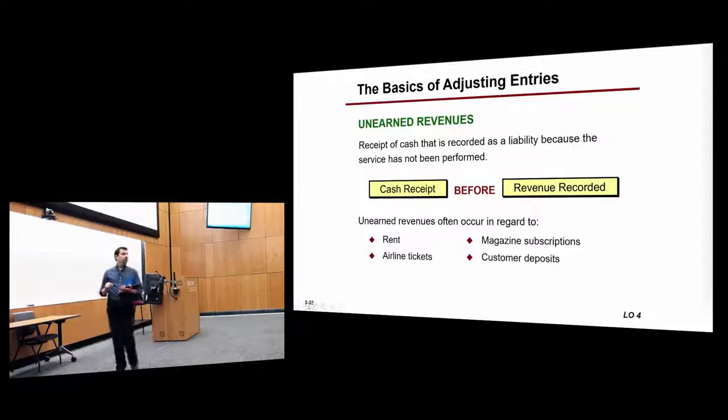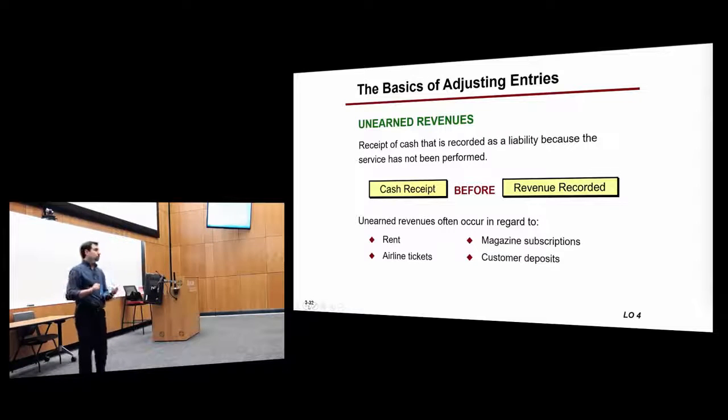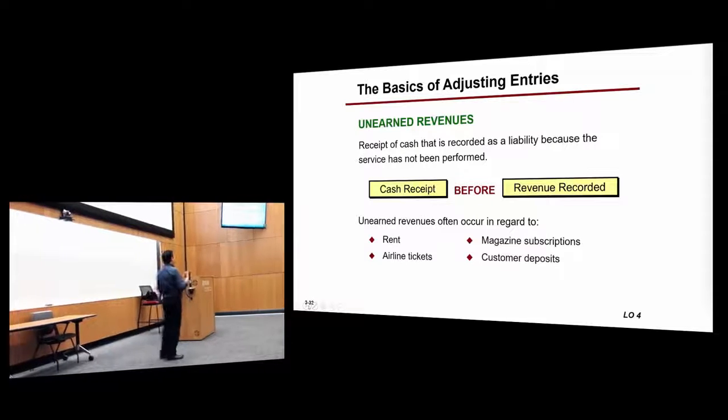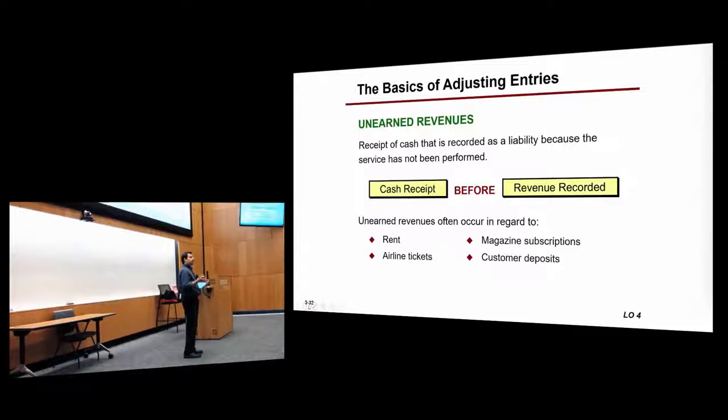Okay? Airline tickets are the same thing. If the company buys airline tickets but does not use them now, that will be prepaid expenses. If the airline company sells you tickets, that's unearned revenue because they have not provided you with the service.